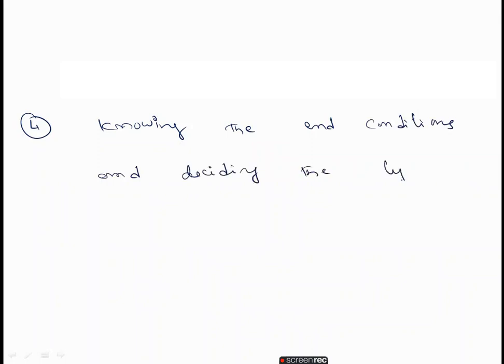Coming to the fourth step: knowing the end conditions of either the column or the strut, deciding the type of column or type of connection, and determining the effective length.